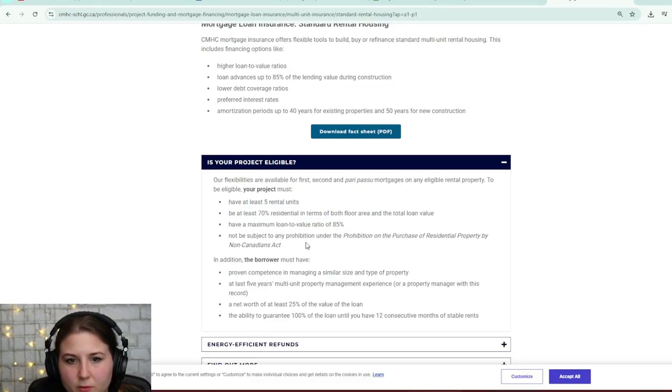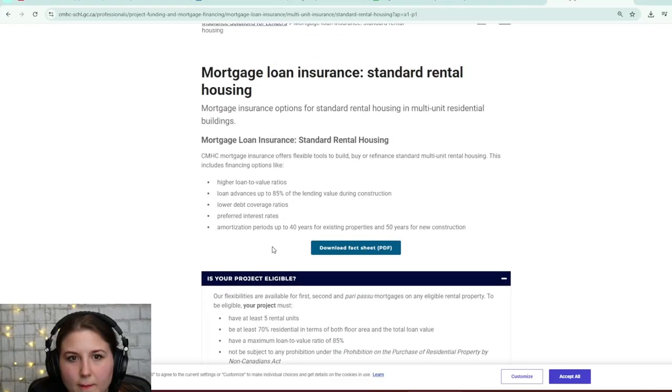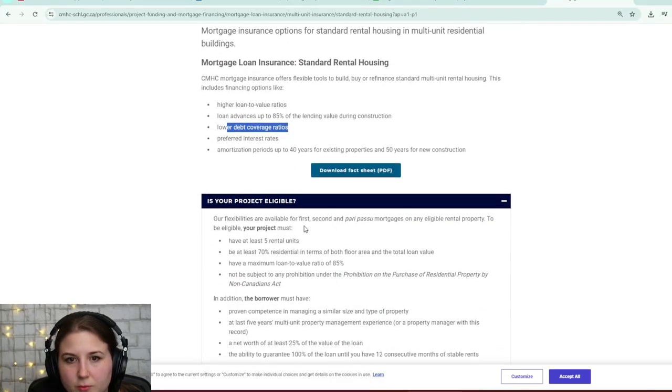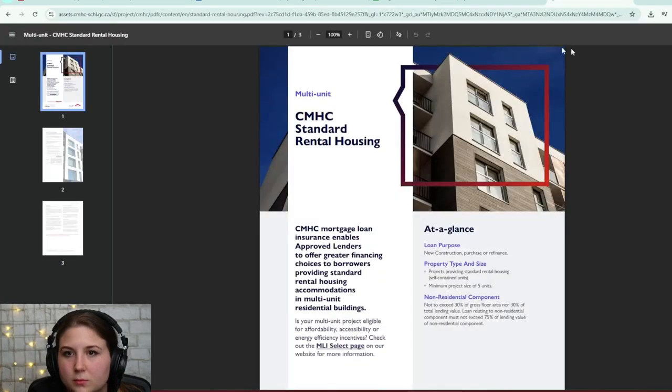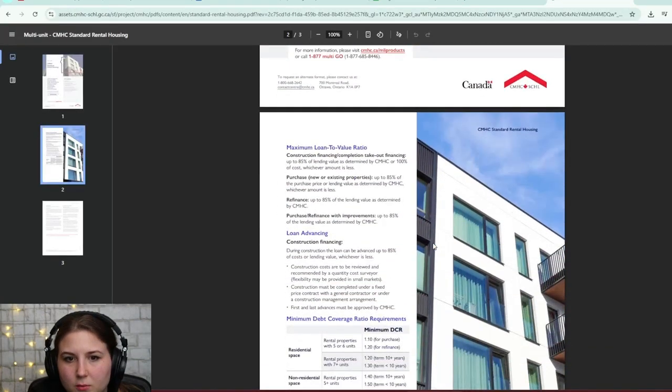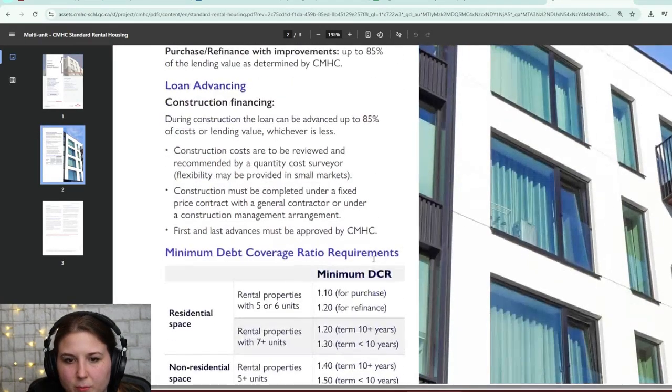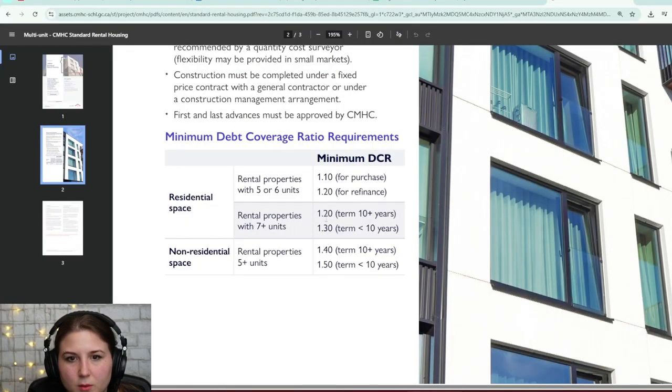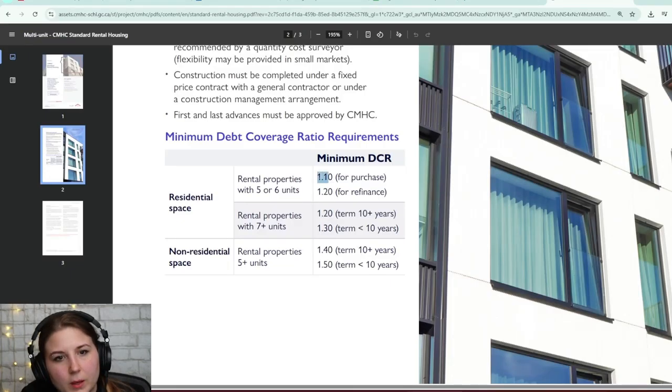Maximum loan to value. What are their DCR requirements? Lower debt coverage ratios. I think it's 1.2, off the top of my head. Yeah, so you'd need at least 1.2 DCR. Wait, what? Residential space up to 1.1.